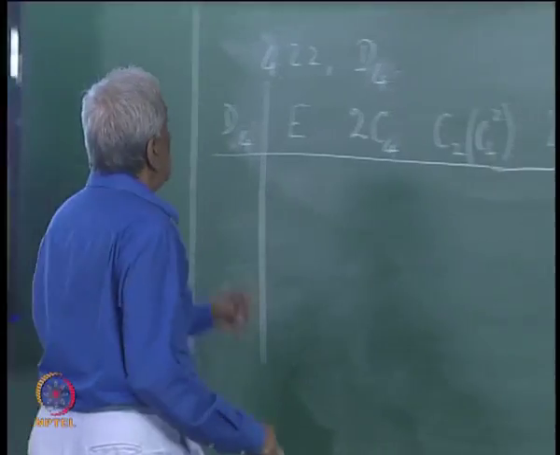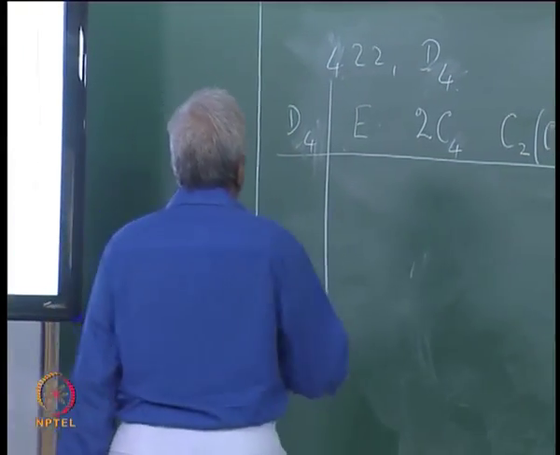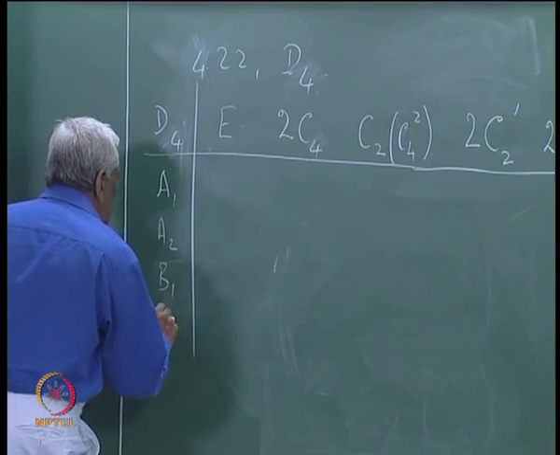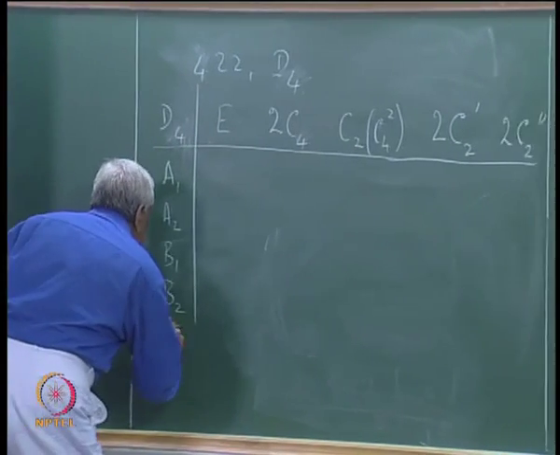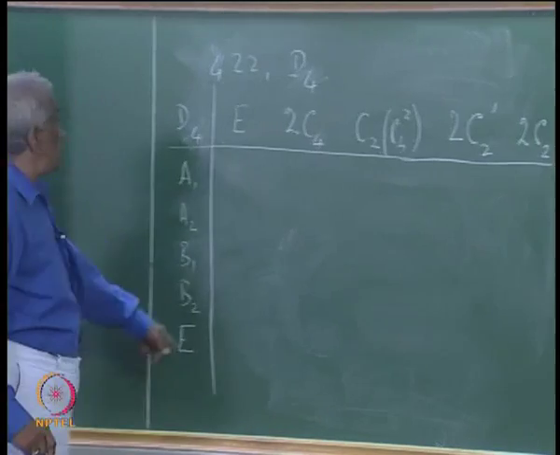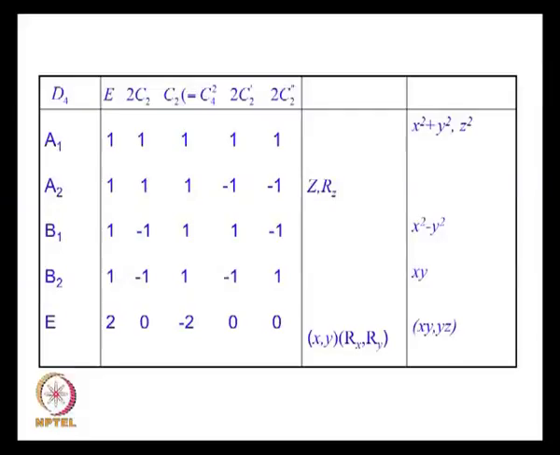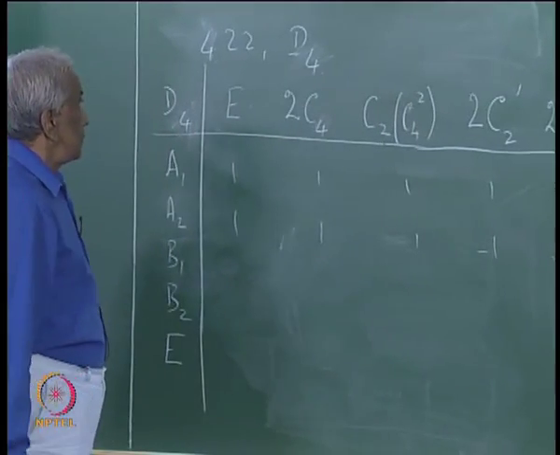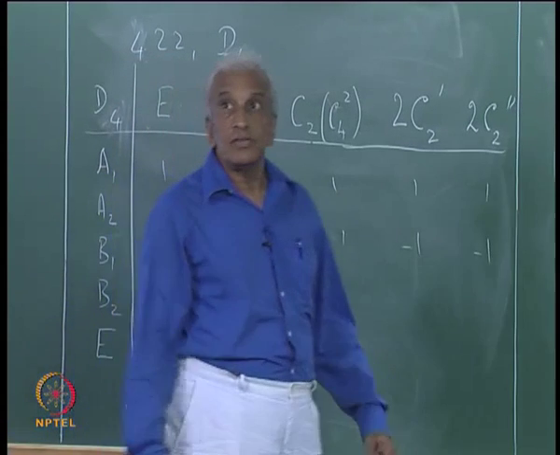So, there are 5 classes and therefore, 5 irreducible representations which are A1, A2, B1, B2 and then E, a 2 dimensional representation. So, the characters are, this is totally symmetric of course, and then this will be antisymmetric with respect to this axis.